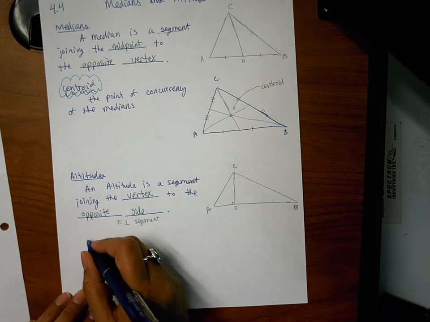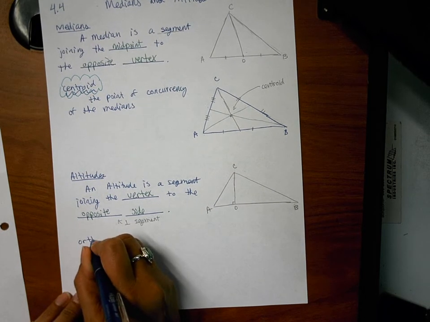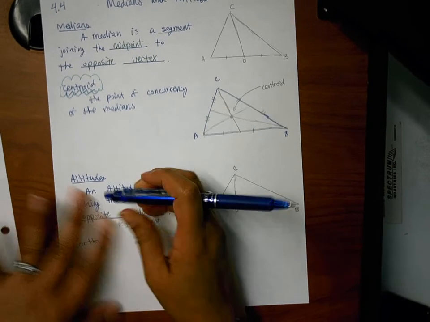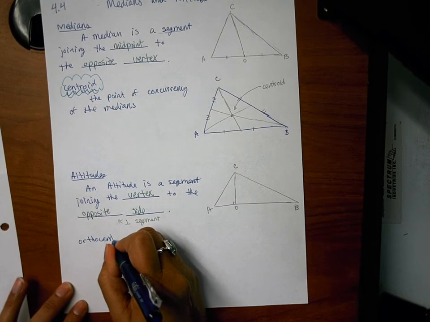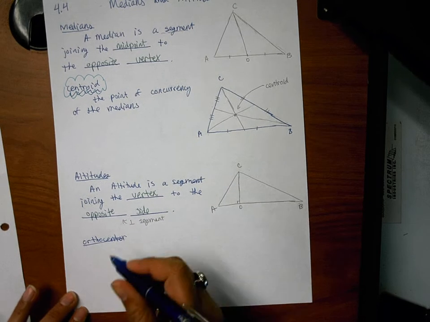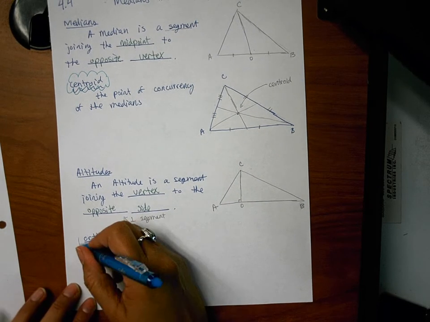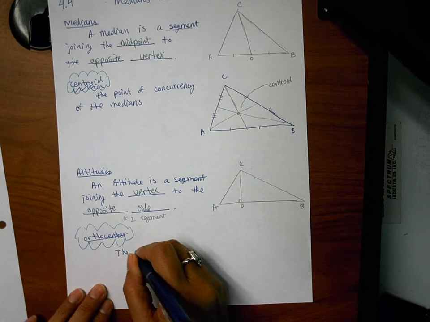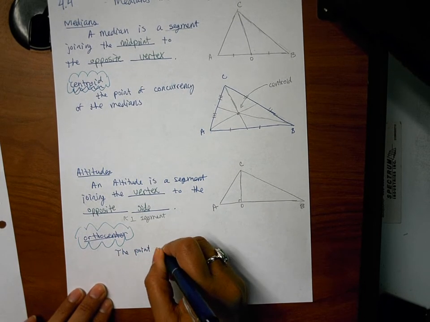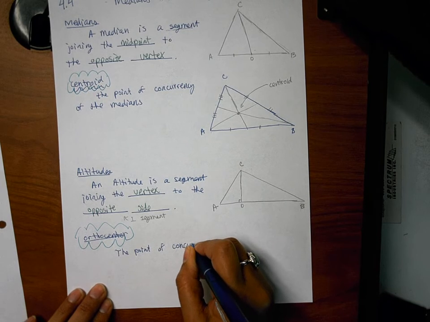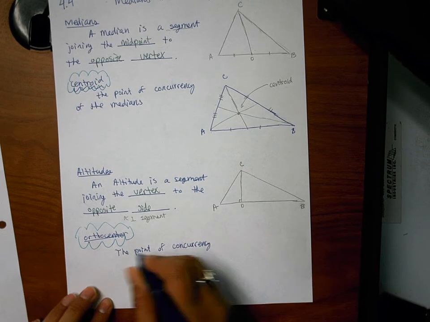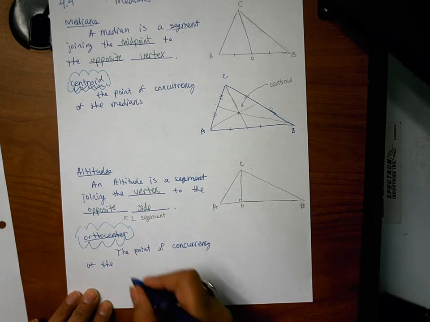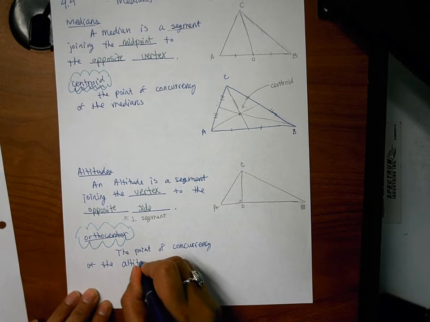All right, next one for the altitudes, that special point is called the orthocenter. Orthocenter. And this one, just like the last one, is the point of concurrency of the altitudes.